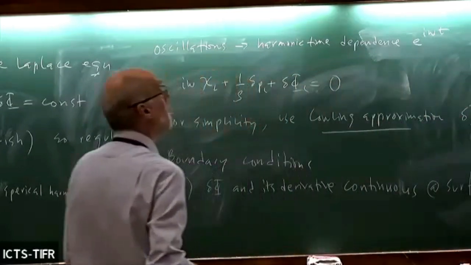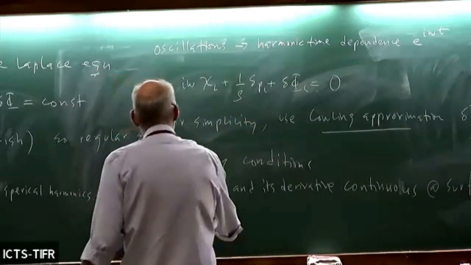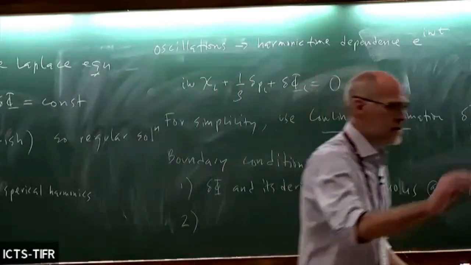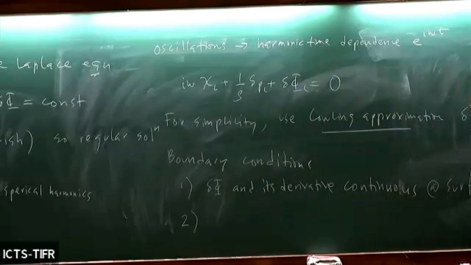Second, if you're sitting at the surface, the definition of the surface is that the pressure vanishes. There's matter inside, no matter outside, the pressure has to vanish. If you move the surface, you ride along with the surface, you're a cork.